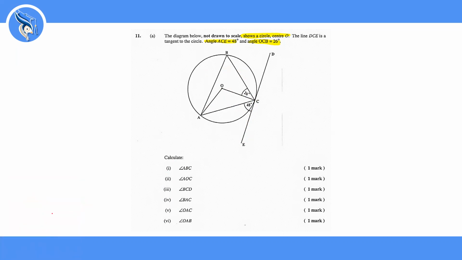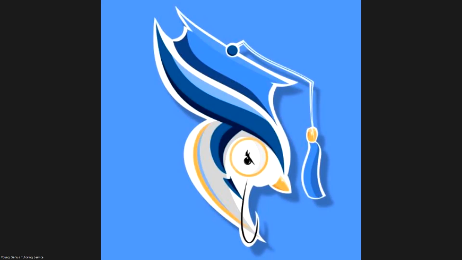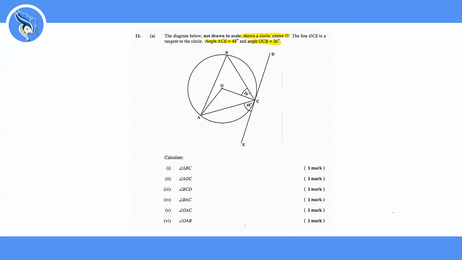Now, if you look right here, you must or hope you realize that we're talking about angles in an alternate segment.